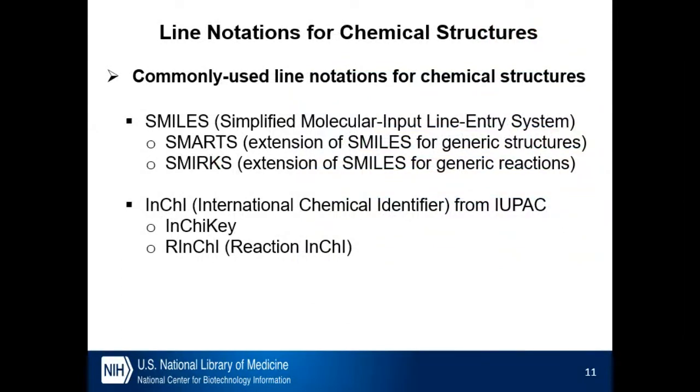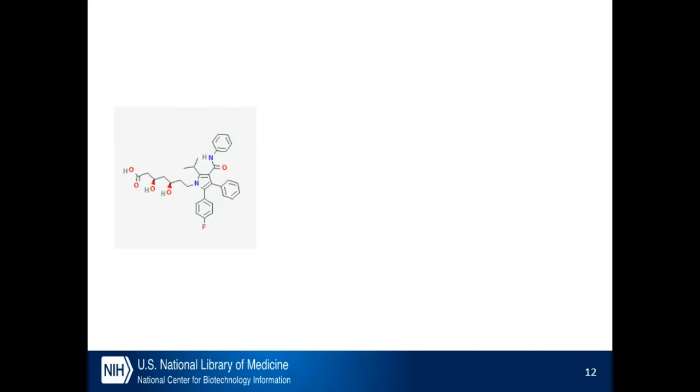So for this reason, many line notations for chemical structures have been developed, but the most commonly used ones are SMILES and InChI. I'm not going to explain the details about how to generate SMILES and InChI, but let me show some examples.